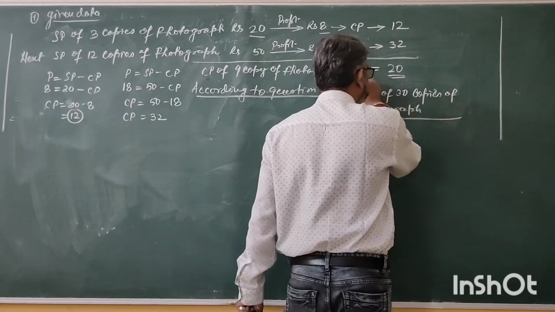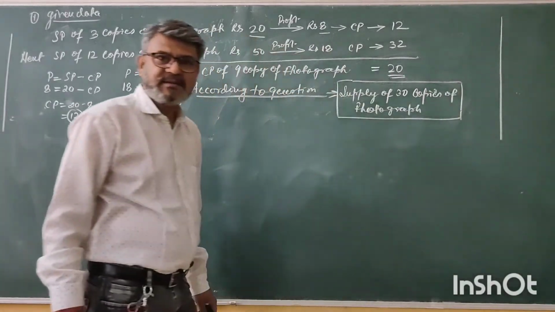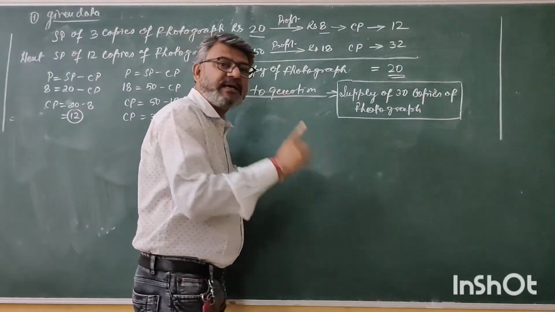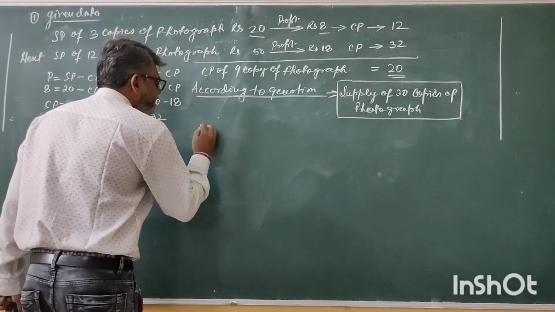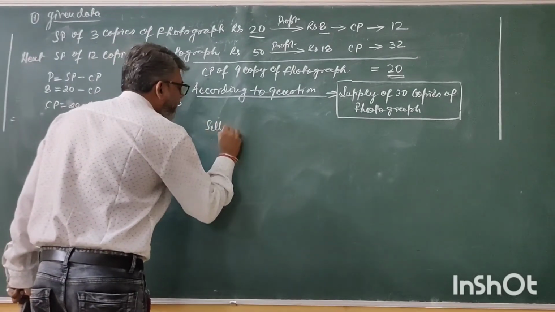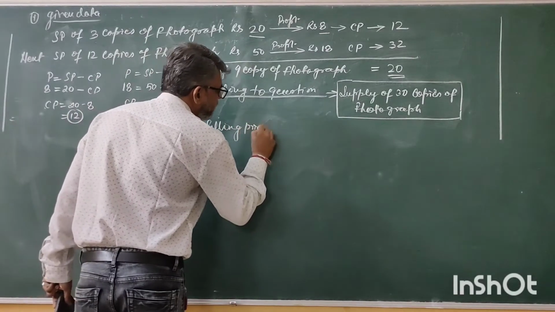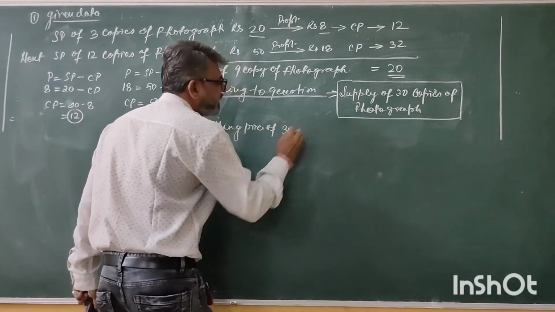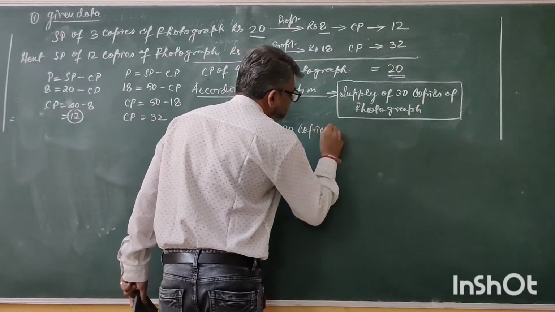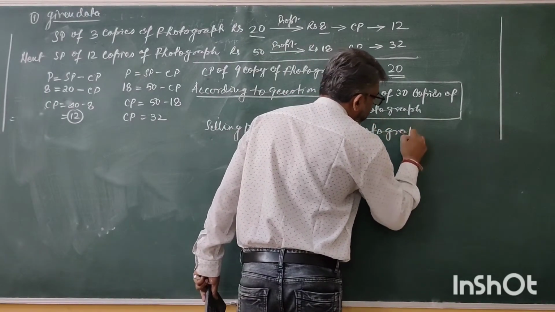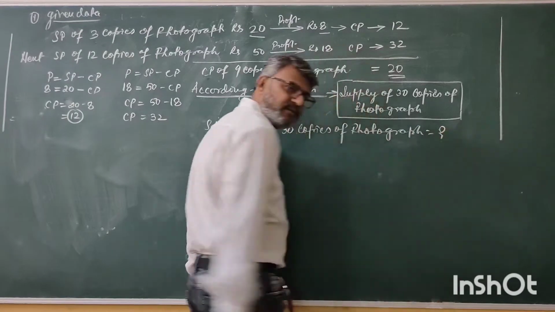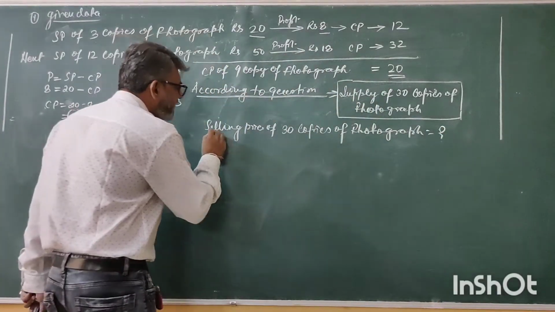It is very important. What do you mean by this? That means the selling price of 30 copies of photograph. Understand? This is the question mark. What do you mean by selling price?